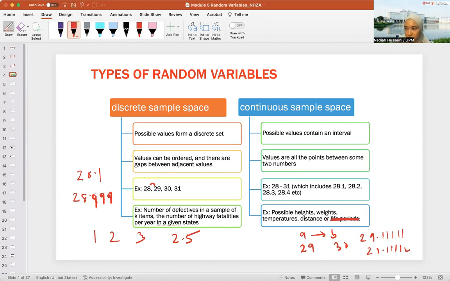Say you want to measure the distance from this book to my bed over there. The distance is 20.122, and if I move the bed a little further, it's 21.123. So anything is possible within that interval.